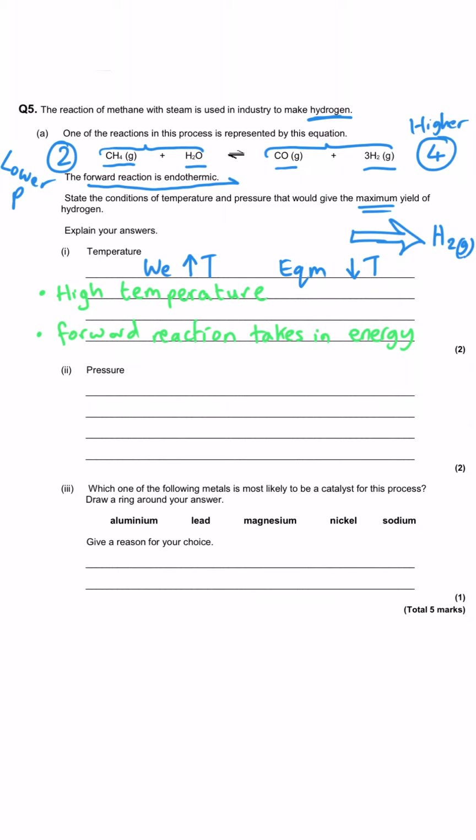If we apply the same approach with the pressure, we want the equilibrium to shift to the right, and we've already said that there are 4 molecules on the right, which is a higher pressure, and so we want the equilibrium to therefore increase the pressure. And so first, what we have to do is the opposite. So we will decrease the pressure, and so the equilibrium shifts to oppose that and raise the pressure again.